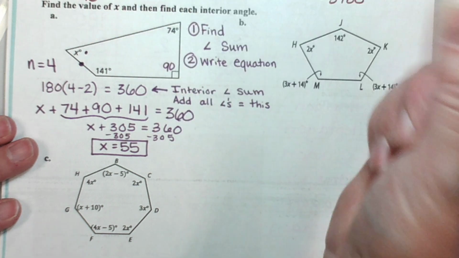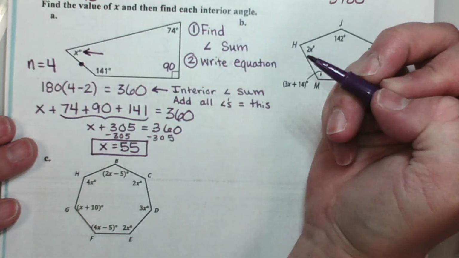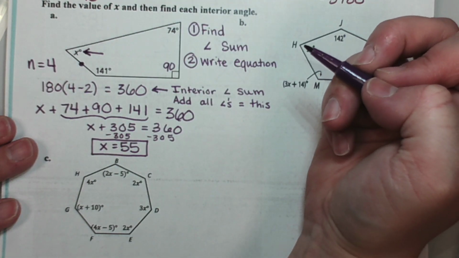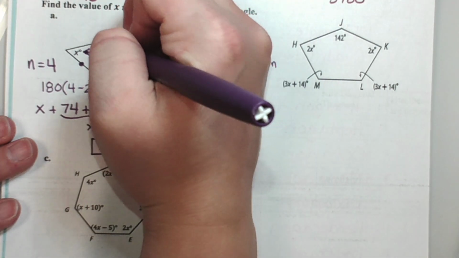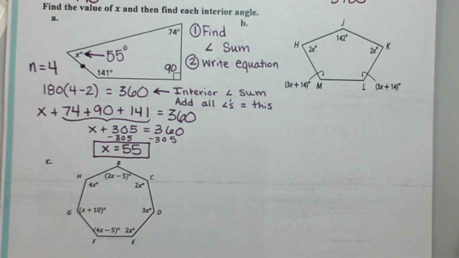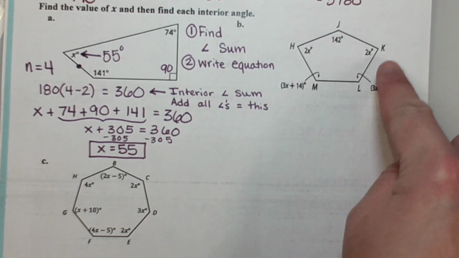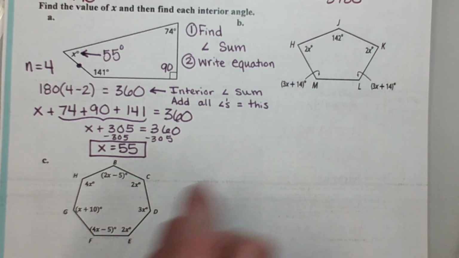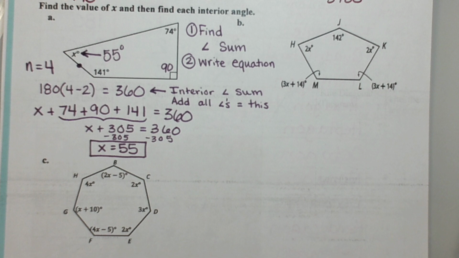Technically, yes. That interior angle is how many degrees? 55. When you are plugging it back in, try to give me some indication of which angle you're doing. If there's letters on the outside, I'll know how to do it with that.